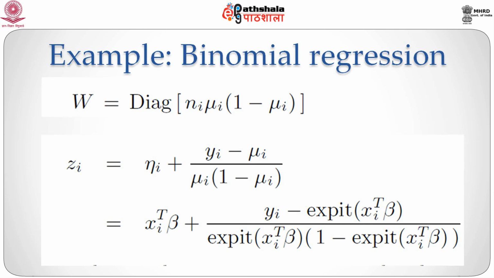We then update eta and hence also update z to get z2, that is a new form of my constructed variable. We also update the weight matrix W and again fit a weighted least squares. So thus we see a justification for the name, iteratively re-weighted least squares.